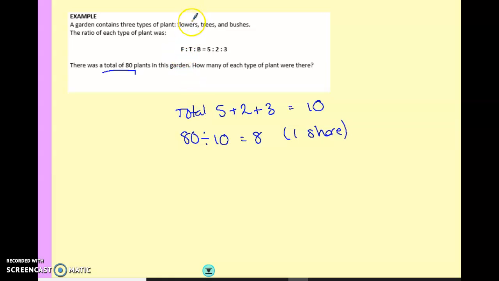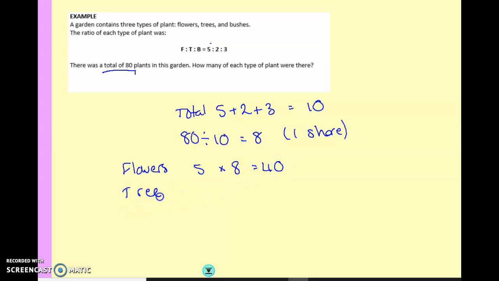So F, which is the flowers, it's going to be 5 times that. So the flowers, better not put dots there, it's too much like a ratio. So flowers would be 5 times 8. So it'd be 40 flowers.